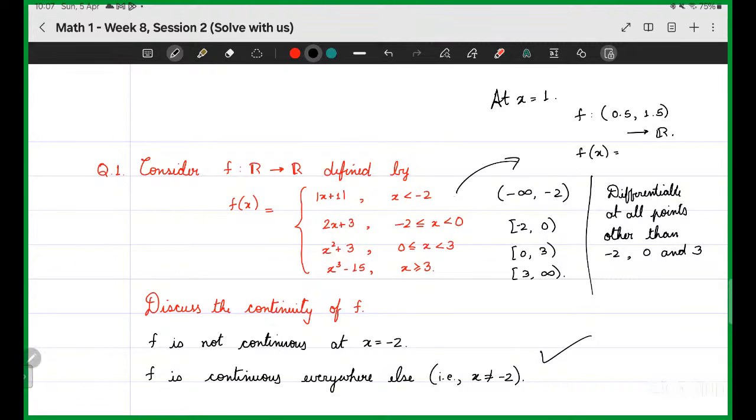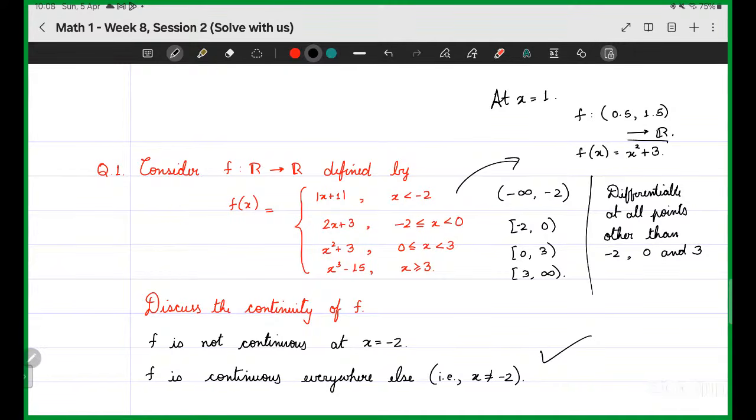I'm just restricting it to a smaller interval. Look at the definition of the function and tell me how it is defined from half to 1.5. Which definition applies of the four? So this third one. Yeah, so it's x square plus 3.